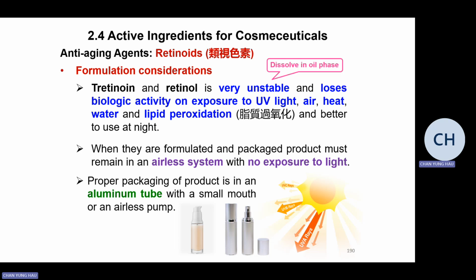That's why some antioxidant will be added into the formulation to enhance the stability of the retinol when used as the active ingredient in the product. When they are formulated, usually we use an airless system with no exposure to light, and the packaging will use an aluminum tube with a small mouth or an airless pump.